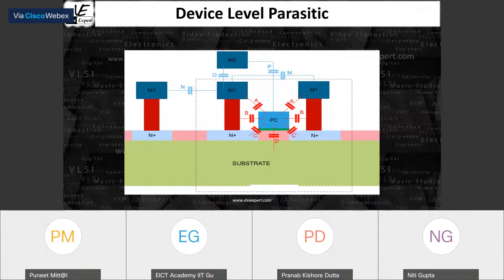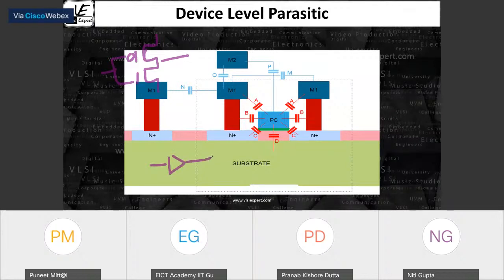One of the questions is, how do these device level parasitics affect setup and hold timing? So Harish, these are the parasitics, that means PMOS has a capacitance. If I draw a diagram, I will just show you. This is your inverter, and from the schematic point of view, this is basically the inverter.